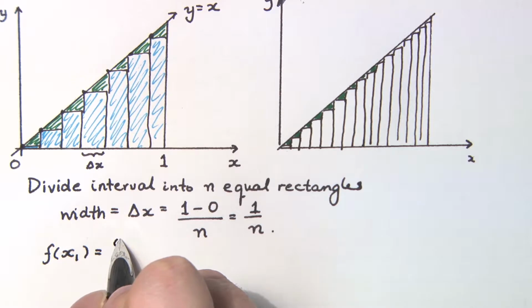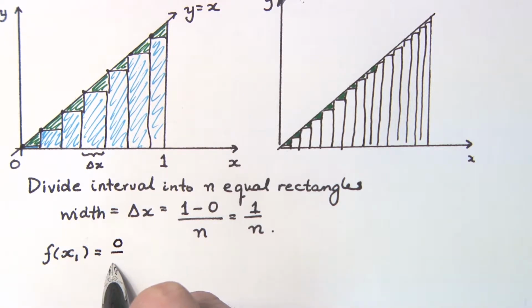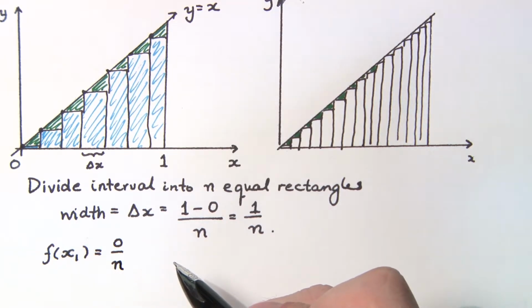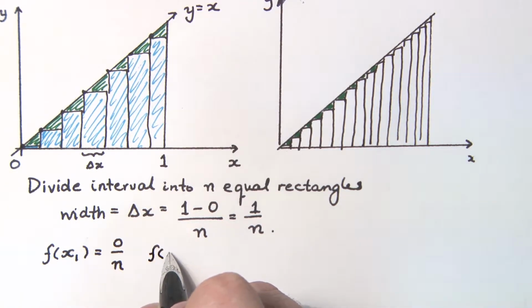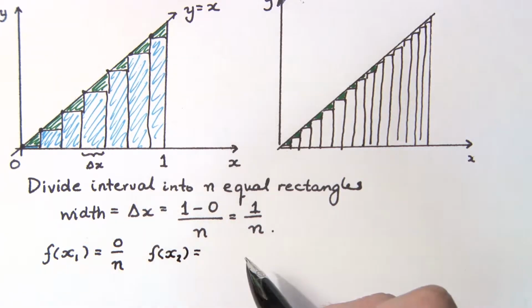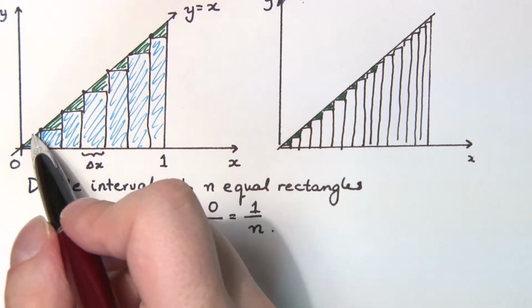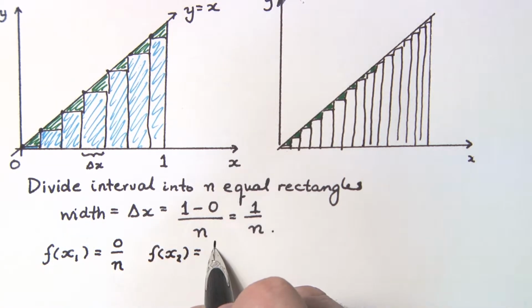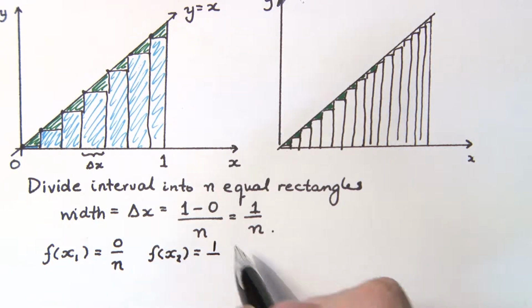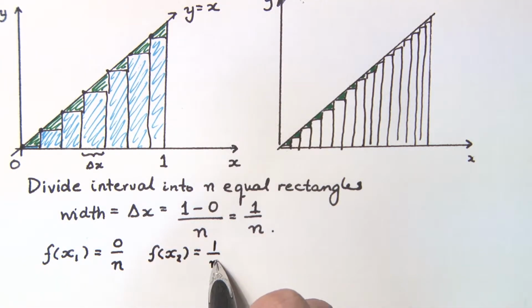So I would use 0 divided by n. If I did my second point, well, that would be kind of the first point. And there's n many of them.